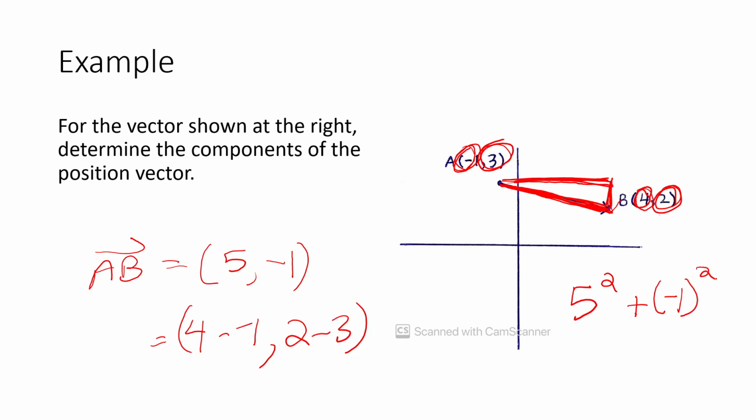So we can actually say, using the Pythagorean theorem, that the hypotenuse squared will be equal to 5 squared plus -1 squared, or in other words, the hypotenuse will equal the square root of that, or in other words, the magnitude of AB will equal the square root of x2 minus x1 quantity squared plus y2 minus y1 quantity squared.